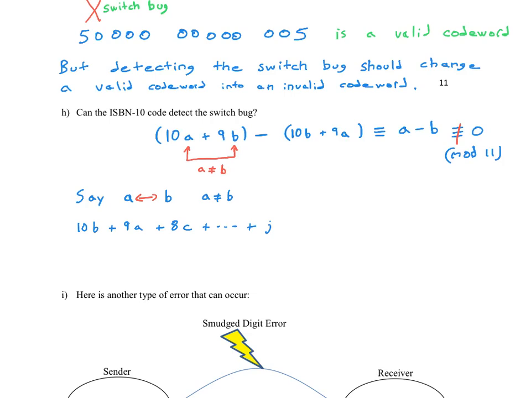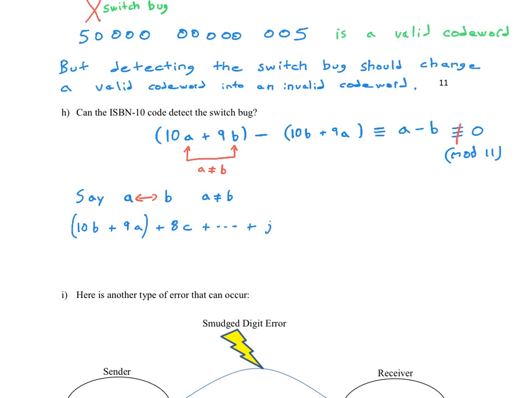So we do know some things about the first two terms in the expression, this part here, the 10B plus 9A. It's also written here, 10B plus 9A. We know that when we compared it to 10A plus 9B, we didn't get 0. So that means that this amount here compared to this amount in mod 11 must be different.